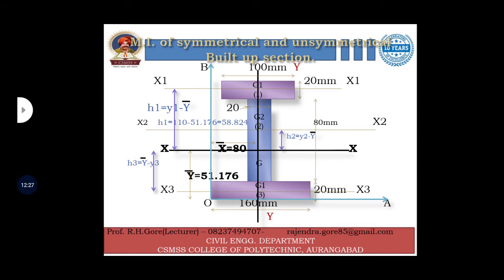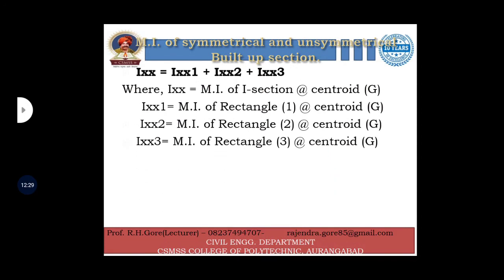Okay, so Ix is equal to Ix1 plus Ix2 plus Ix3. Ix is moment of inertia of I section about centroid G. Ix1 is moment of inertia of rectangle 1 about centroid of unequal I sections, similarly Ix2 and Ix3.